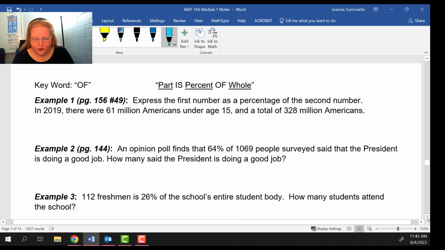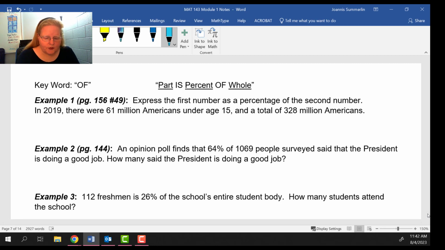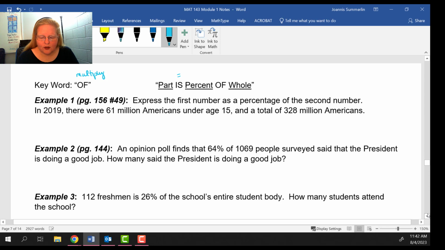Get a calculator. Alright, so the key word "of," we had talked about before, means to multiply. You know, "is" means equals, "of" means to multiply.